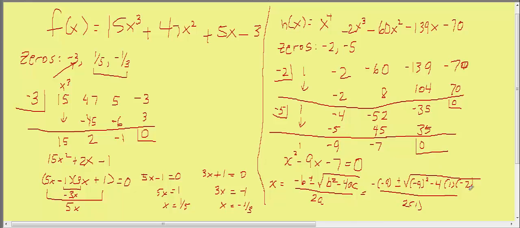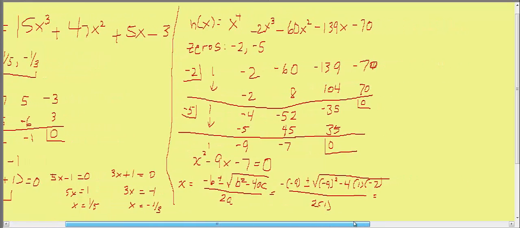So what this ends up being is 9 plus or minus the square root, and when all is said and done, you get 81 plus 28, which is 109, all over 2. There's no way to reduce this. These are our last two answers.